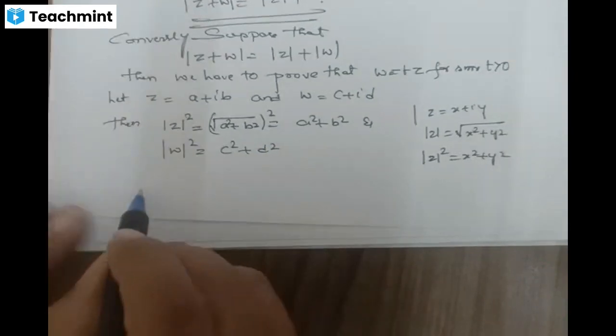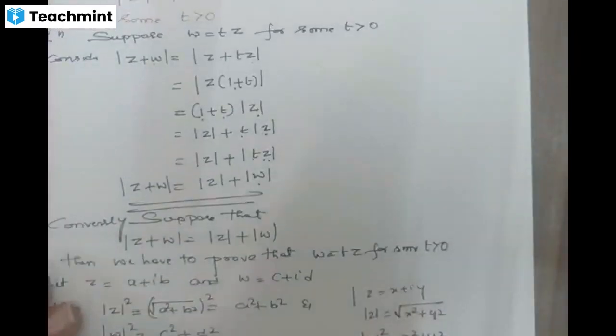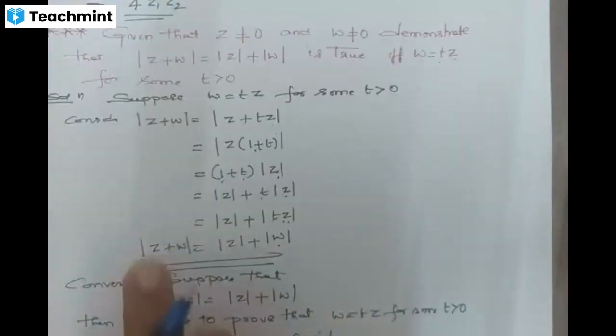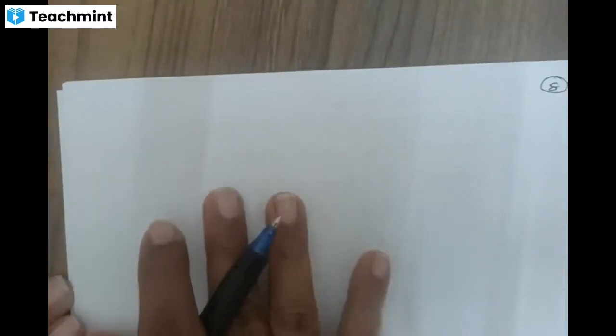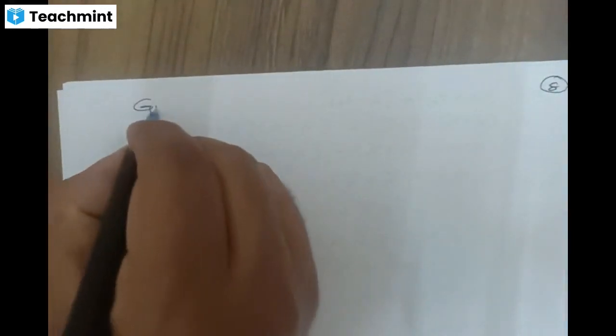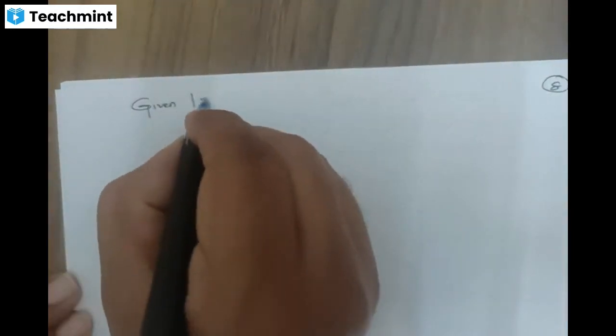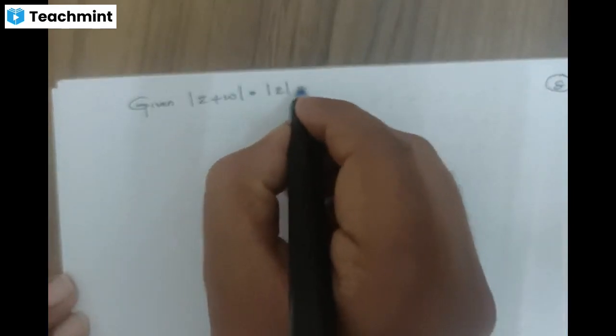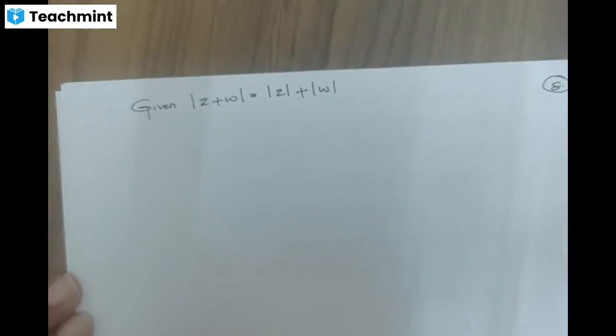So now what is the given? These two conditions are equal. The given is mod z plus w is equal to modulus z plus modulus w.